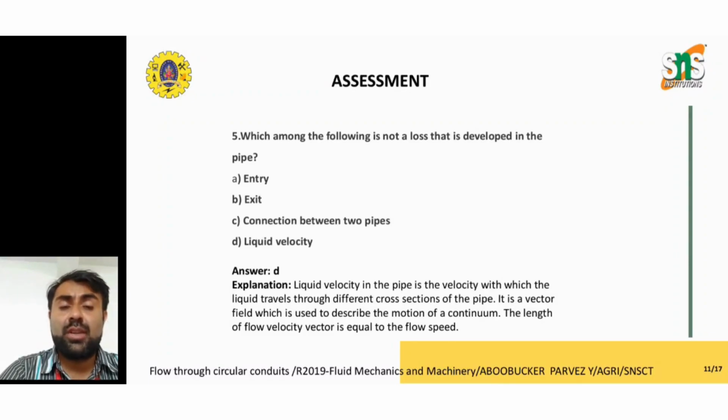So it's actually a property, the liquid velocity, and it is not a loss developed in the pipe. Major losses and minor losses involve exit, entry, connection, frictional losses, etc. So liquid velocity is one kind of parameter, a vector field, which is never a loss.